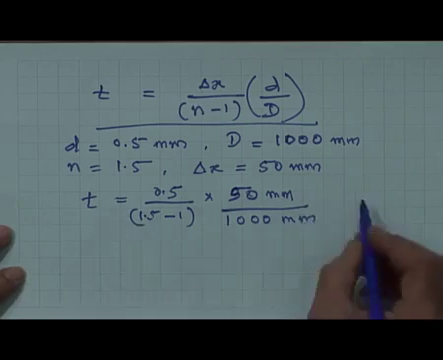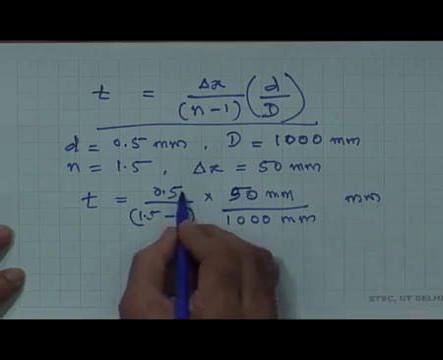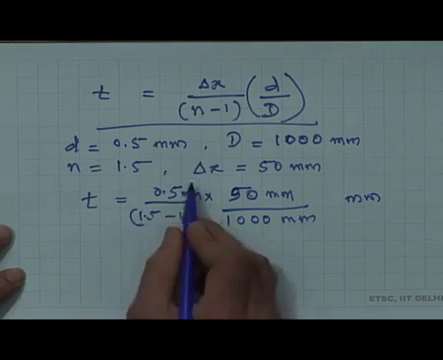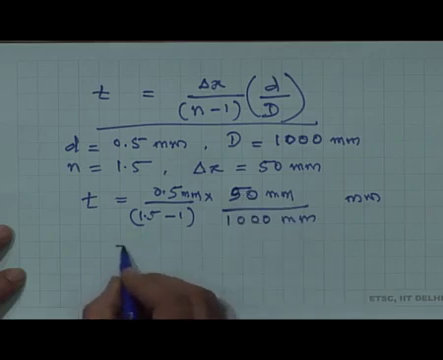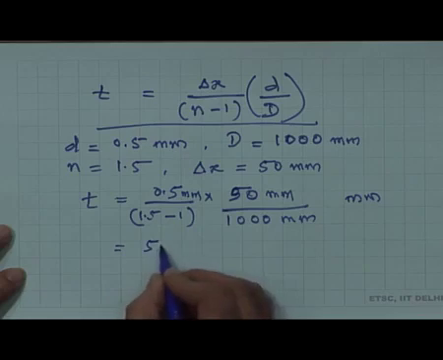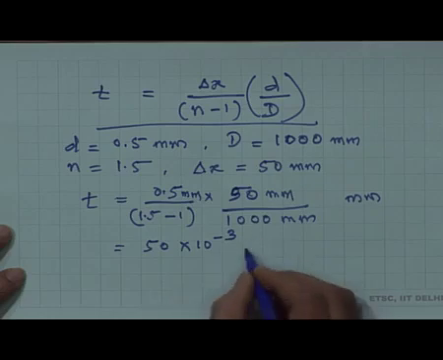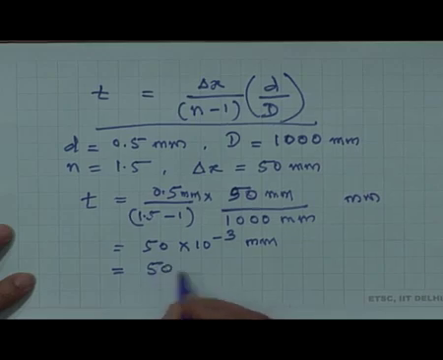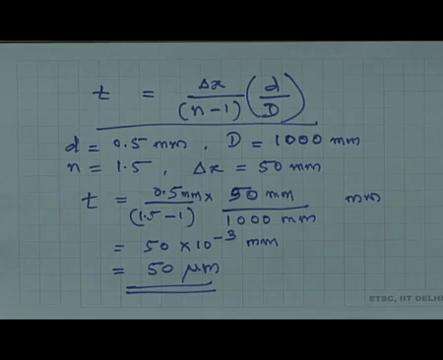Everything is in mm. We can see that the 0.5 cancels, and we have 50 divided by 1000 mm. So, this is equal to 50 into 10 to the power of minus 3 mm, which is equal to 50 micrometers. So, the answer is 50 micrometers.